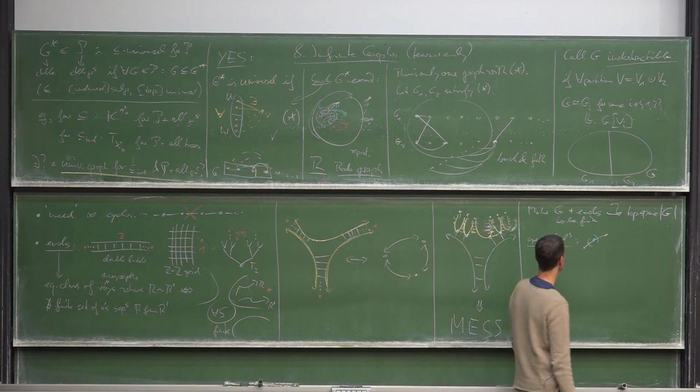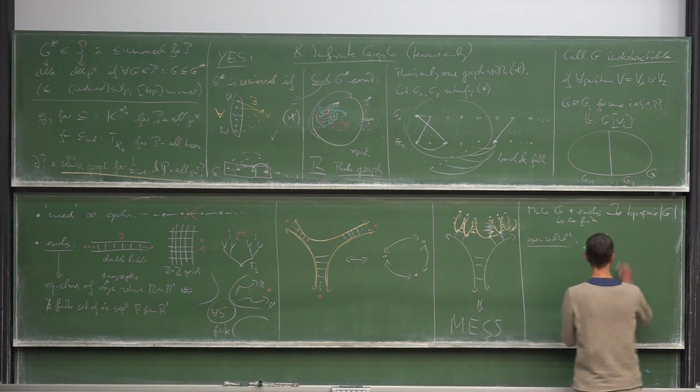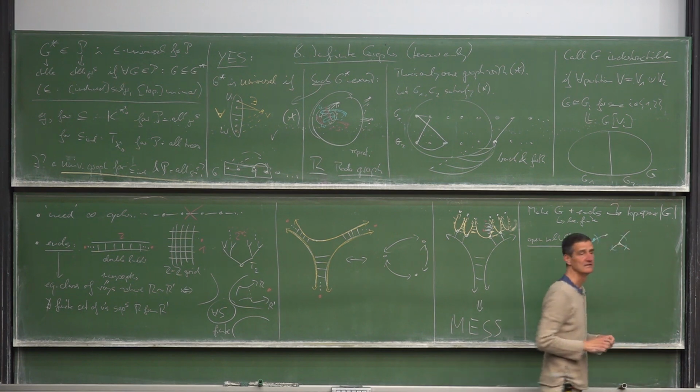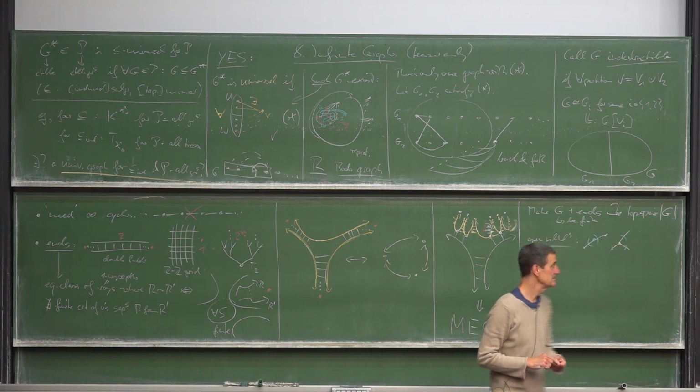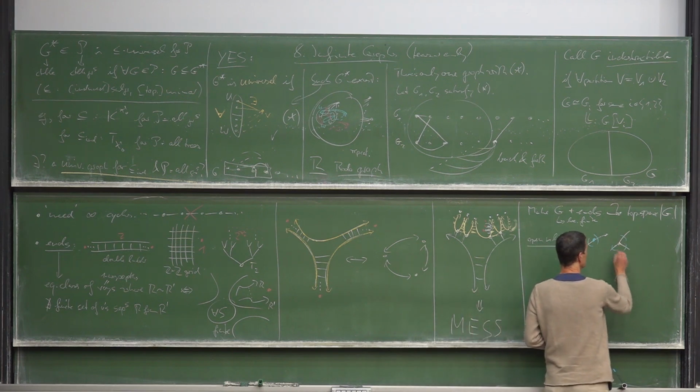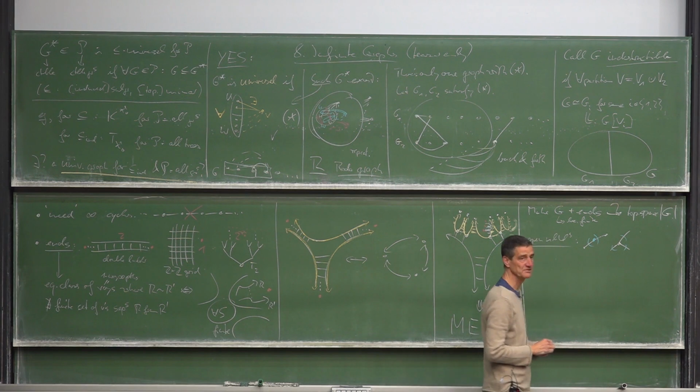Declare that as open. For vertices, do the same thing. There are only finitely many edges at that vertex, so take these open half intervals in your complex.